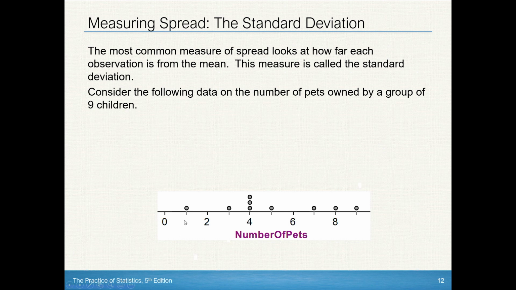So one kiddo has 1 pet, one kiddo has 3 pets, 3 kids have 4 pets, and one lucky kid has 9 pets. There are 9 children, so there should be 1, 2, 3, 4, 5, 6, 7, 8, 9 dots. First thing we want to do to find the standard deviation is to find the mean.